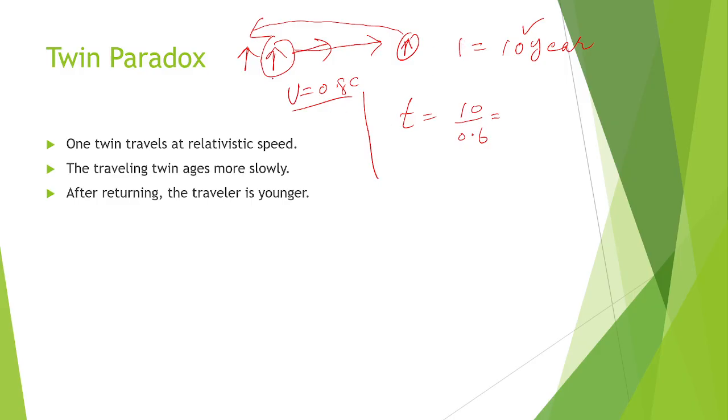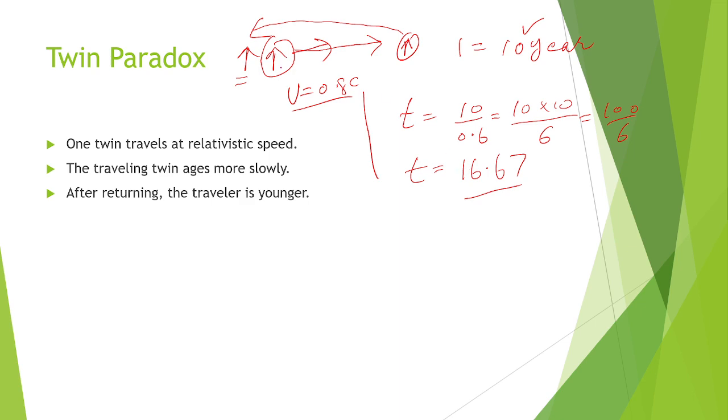So what is the age of the other twin on the Earth? This is 10 multiplied by 10 divided by 6, that is 100 divided by 6. So t is equal to 16.67, so more than 16 years pass on the Earth.